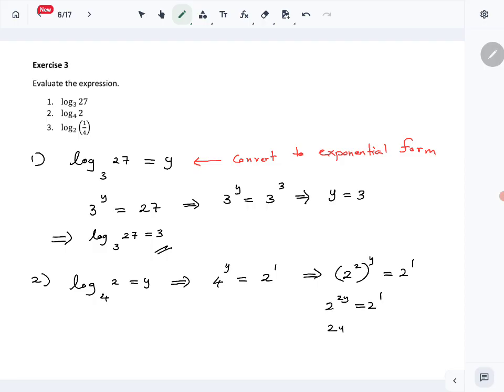That means 2y equals 1. So y equals half. So that means log base 4 of 2 is equal to half. Right. So the method is convert to exponential form, and then in the exponential equation write both sides with the same base. Then you can equate the exponents to get the answer.